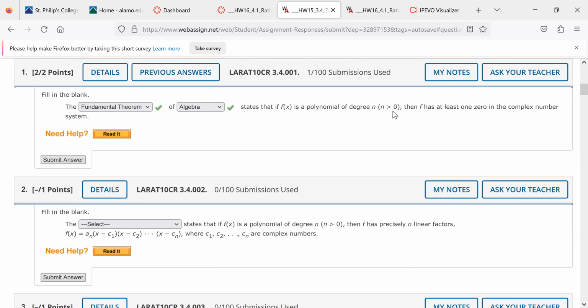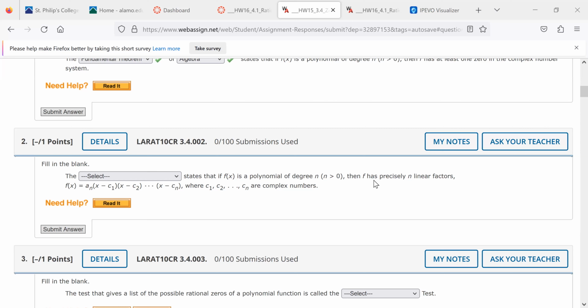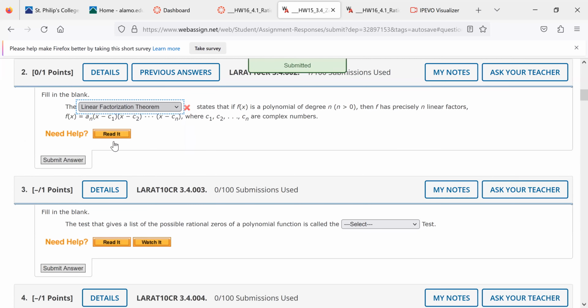So number 2, the linear factorization theorem states that if f of x is a polynomial of degree n, then f has precisely n linear factors.